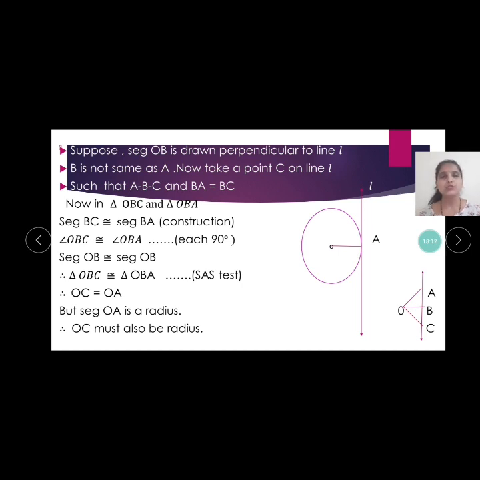After doing this, we get two triangles, triangle OBC and triangle OBA. By construction, segment BA is equal to BC, angle OBA is equal to angle OBC, each 90 degrees, and OB is equal to OB, the common side.